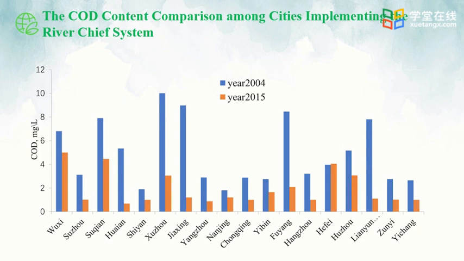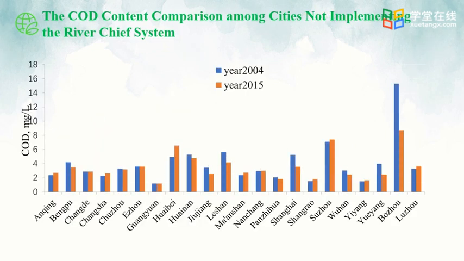The orange columns represent the COD in 2015, and the blue columns represent the COD content in 2004. This is the COD content of cities implementing the River Chief policy.